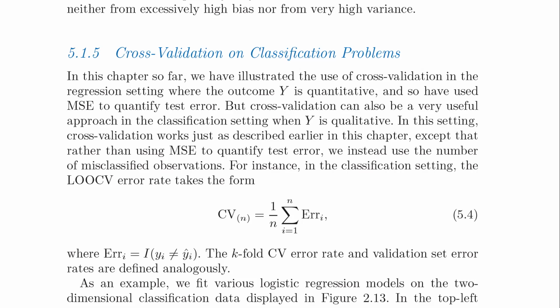In this setting, cross-validation works just as described earlier in this chapter, except that rather than using mean square error to quantify test error, we instead use the number of misclassified observations.